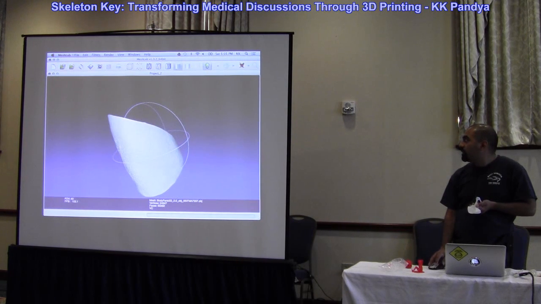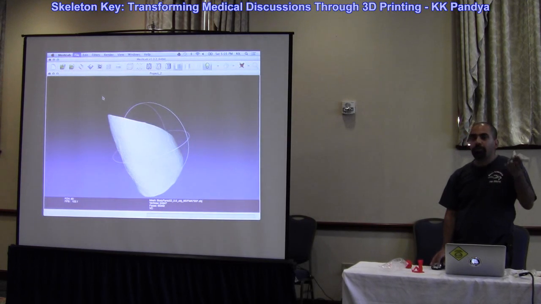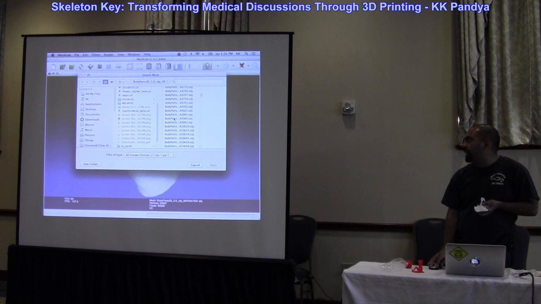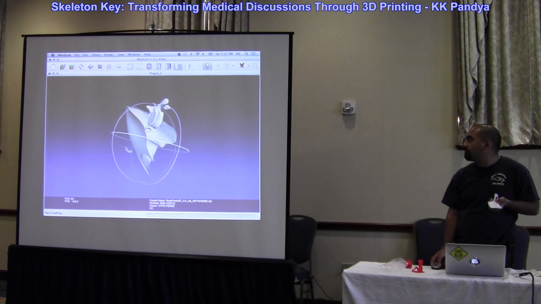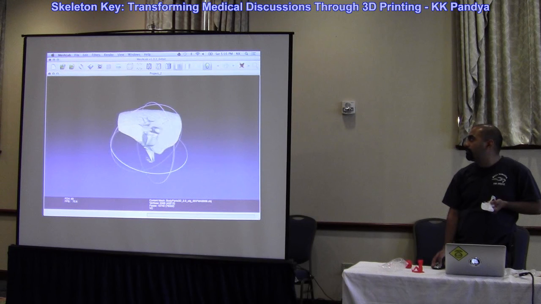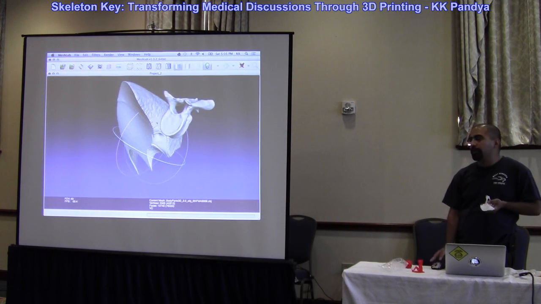So if you want to start building your own derivative works from a Creative Commons licensed data set, there's a full body to work with. That's one of the thoracic vertebrae. It's a great way to jump into this.